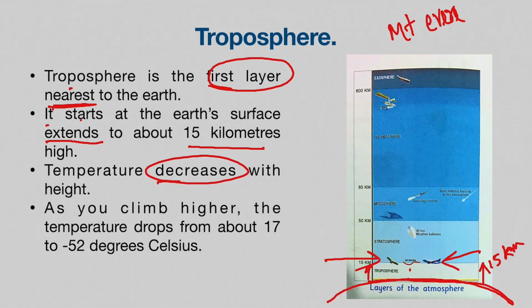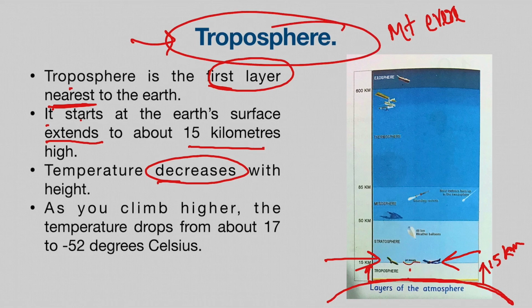That's why if you go higher and higher in altitude or in height, the temperature will keep on decreasing in troposphere. As you climb higher, the temperature drops from about 17 to minus 52 degrees Celsius. Minus 52 degrees Celsius, that means very, very cold. It is even smaller than 0 degrees Celsius.